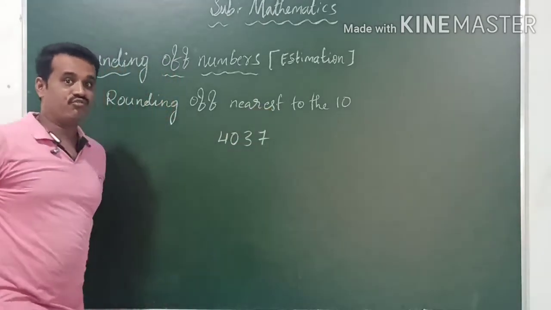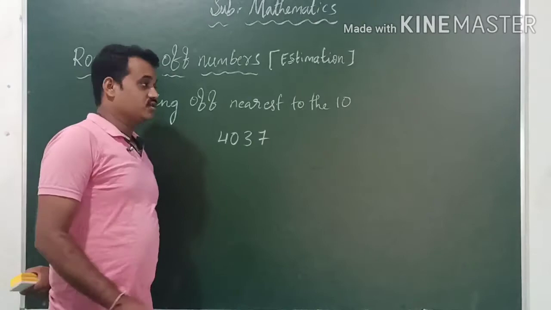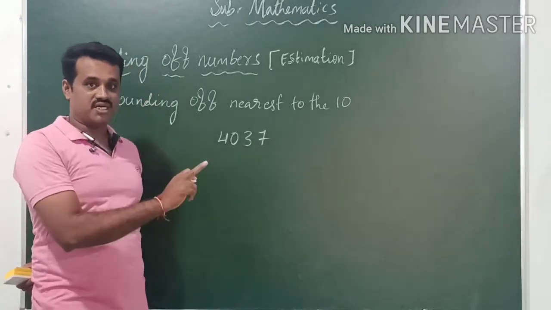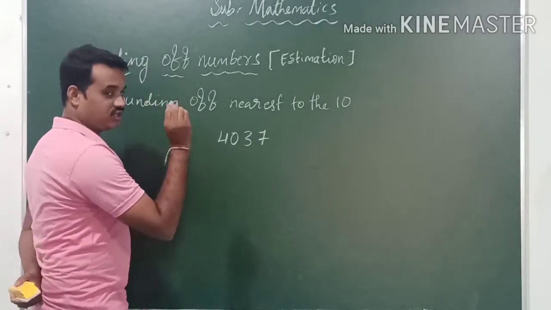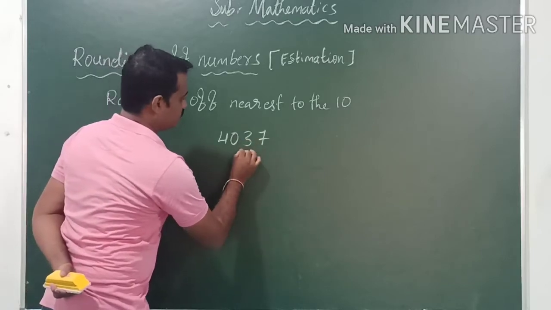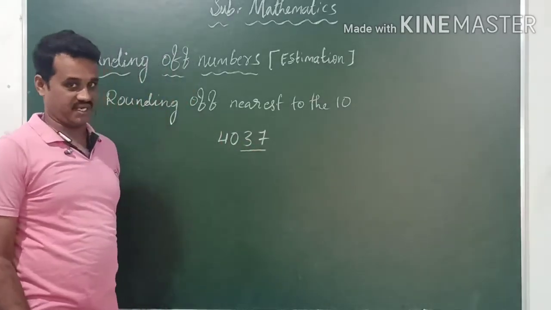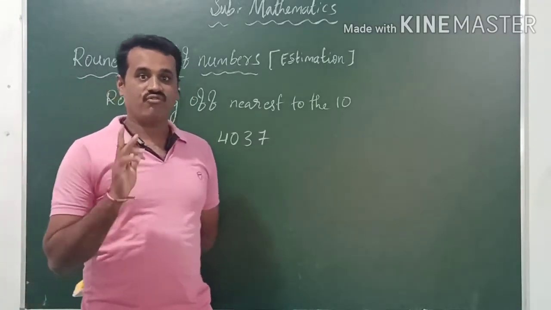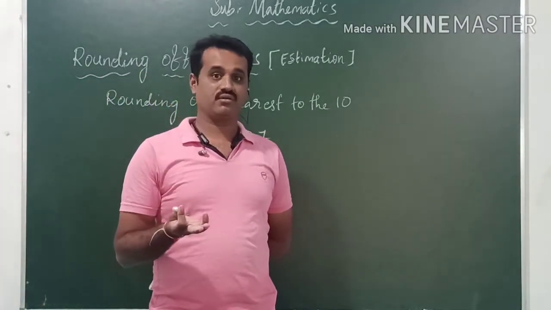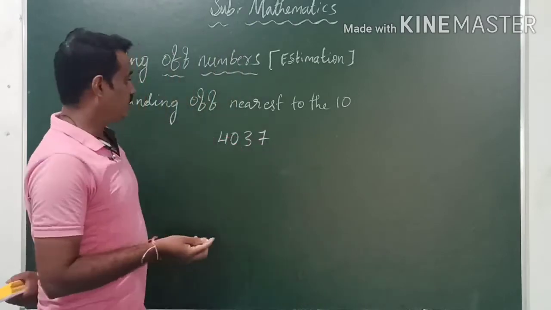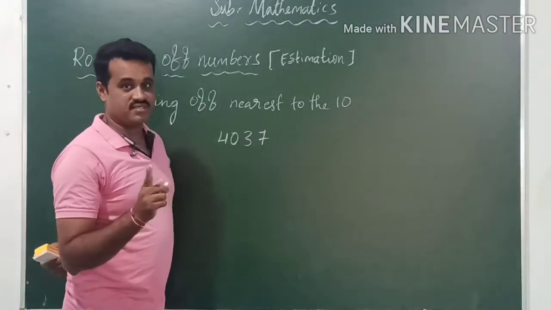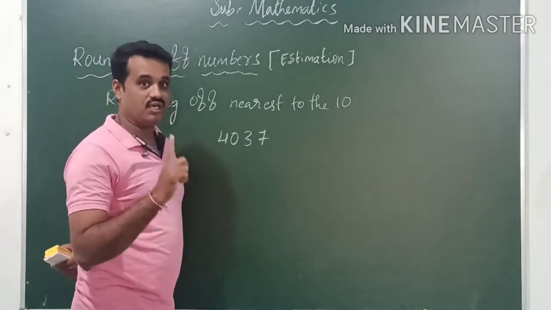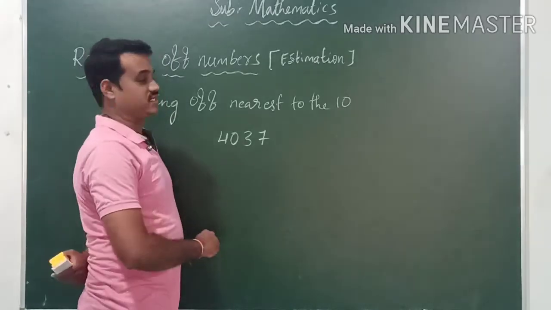4037. So when you round off the numbers nearest to the 10, you have to concentrate only on these two, tens and ones place. Already I have said, if it is 5 or more than 5, then you have to replace the ones place with 0 and add 1 to the tens place.